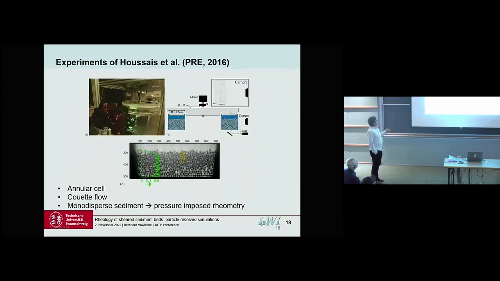Yeah, and this is basically recapping what Morgan's experiment looked like. So it was a rheometer with index matched particles inside, and then it had been sheared by the upper moving plate, and then it has been monitored for a very long time to do a very long time averaging of it, and it's also a pressure imposed setup with a movable upper plate.